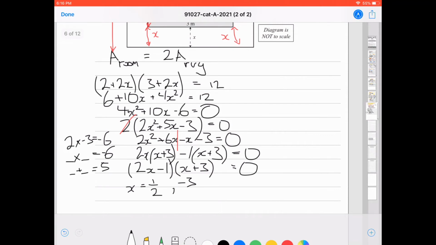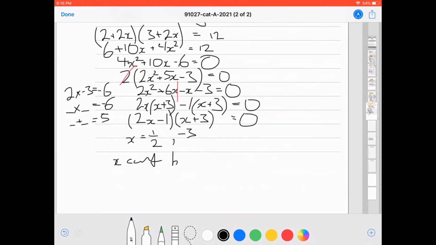And you have to write a statement for this as well. Because x can't be negative, we'd say x does not equal minus 3, and the only answer is x equals 1 over 2, or you could say 0.5.